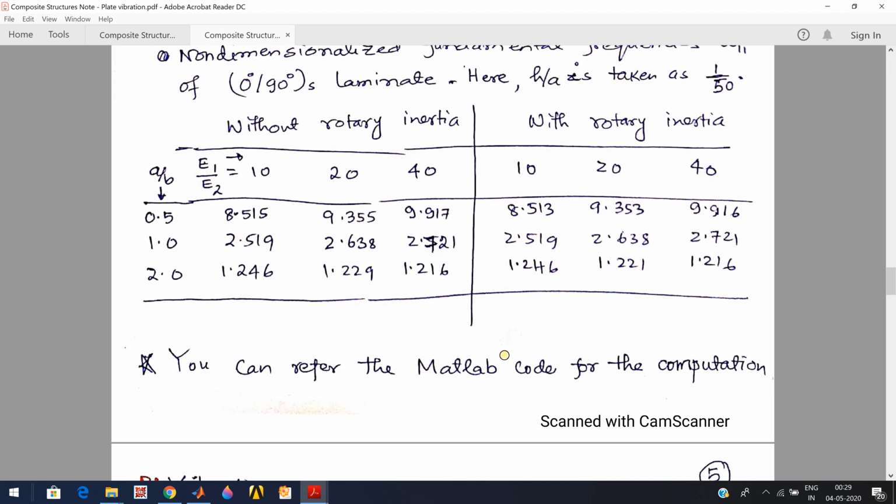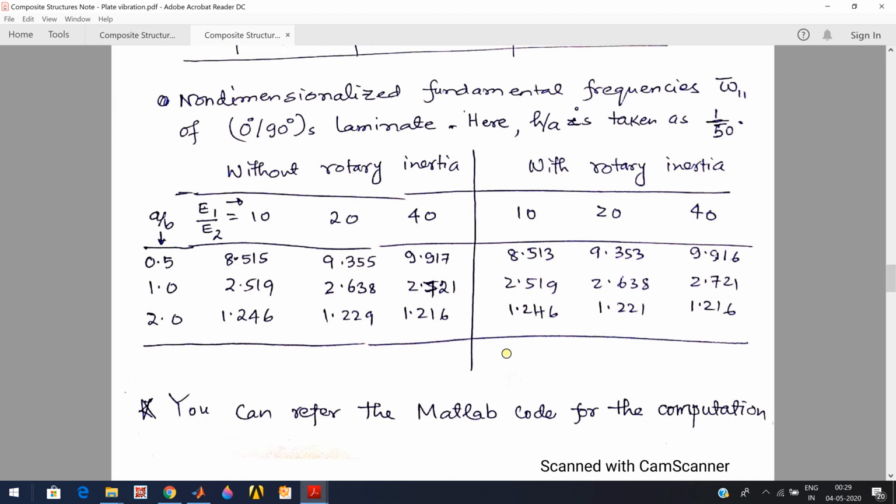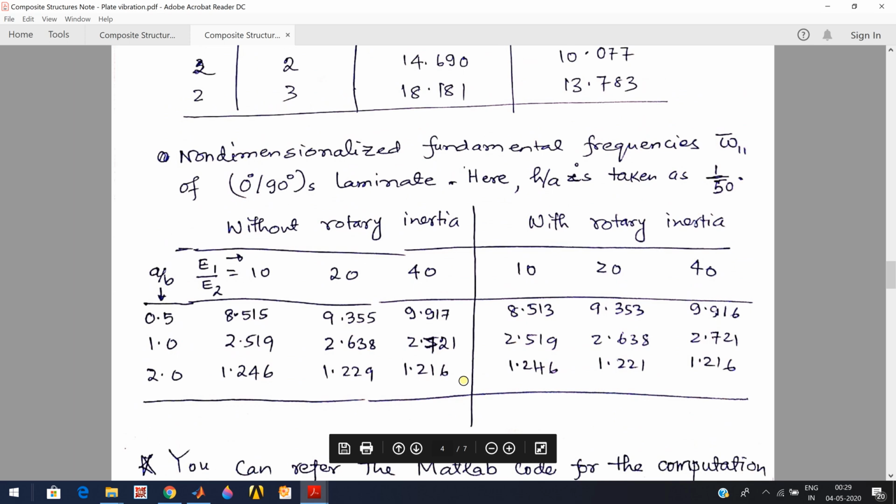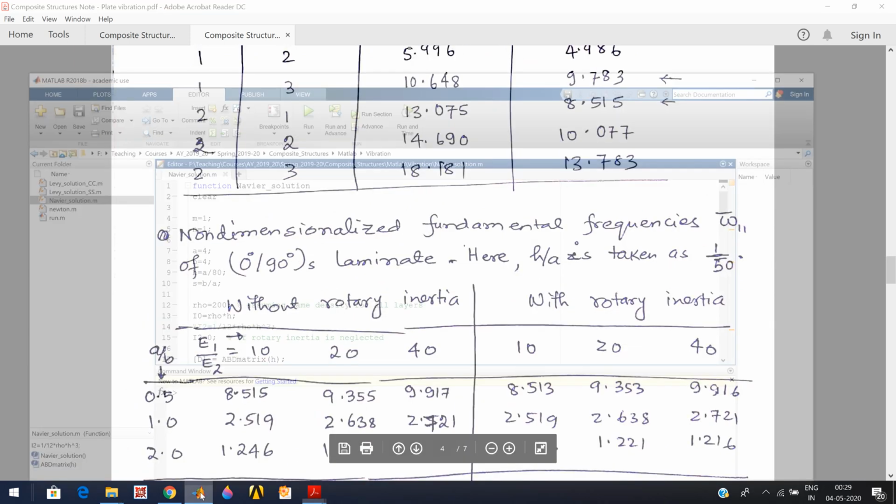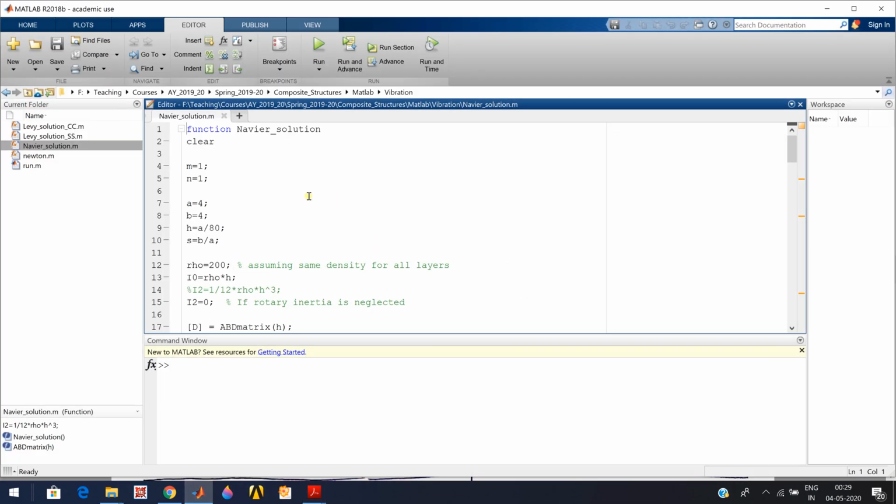Now I will try to show you how this calculation can be seen in a MATLAB code. Let me just explain this MATLAB code a little bit.